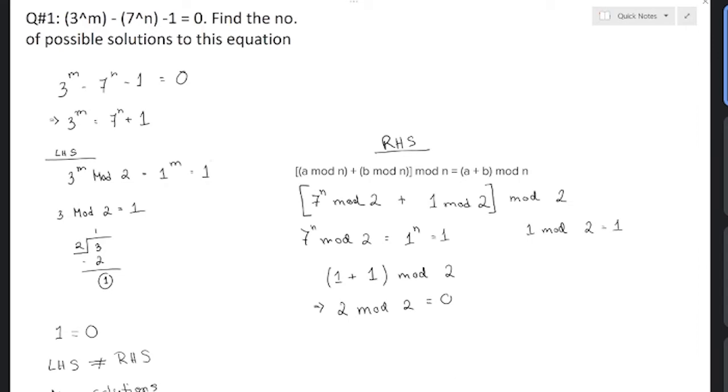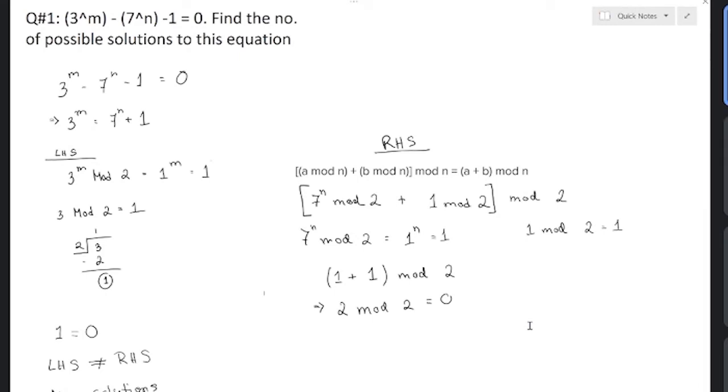You guys have any questions? Okay. So was it specified in the question that m and n are positive integers? I'd say find the number of possible solutions.